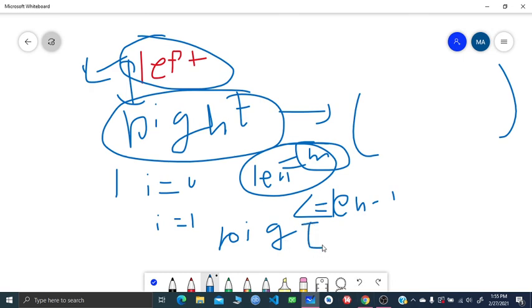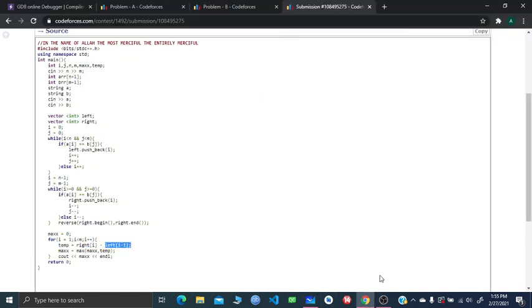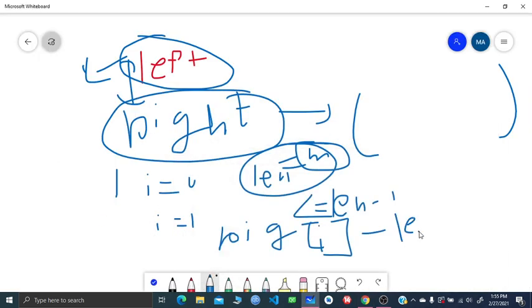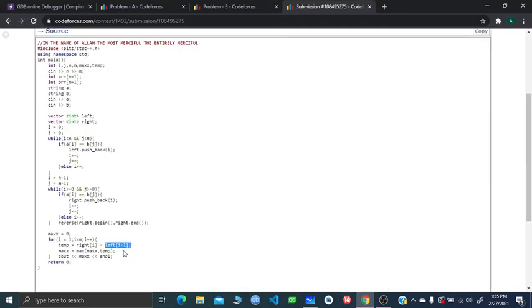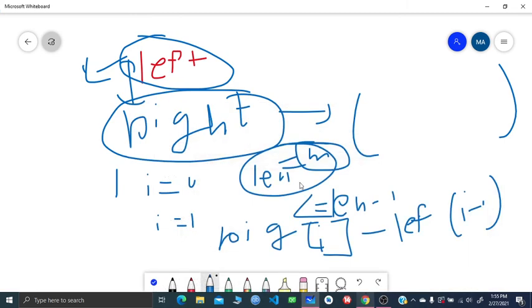This is the rightmost value for index i that I can get, minus the leftmost value at i minus 1. Again, what is this referring to? I know that I have to find the width. And what is width? Width is the maximum out of all the differences between two consecutive indexes.